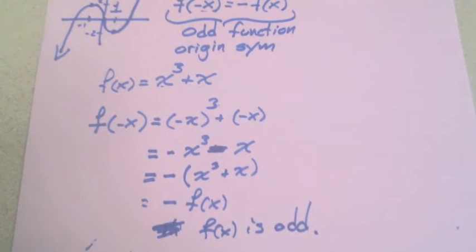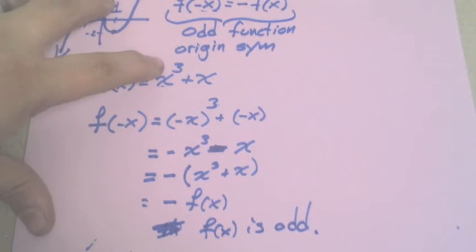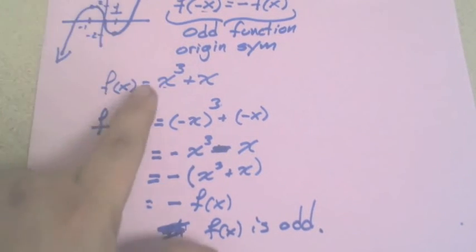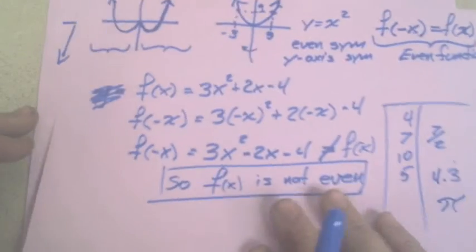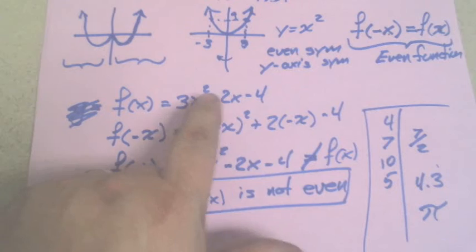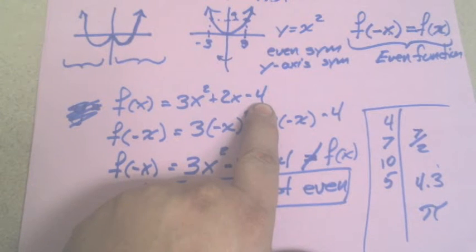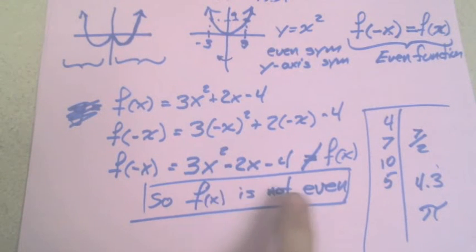A couple of things to be careful with. The word odd comes from the fact that if every term is odd, the polynomial is going to be an odd function. Even comes from if every term is of even degree or a constant, you will be even. The fact that this 2x to the first was an odd degree term is why this didn't end up being even.